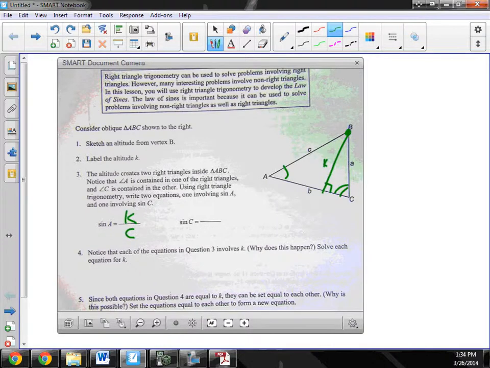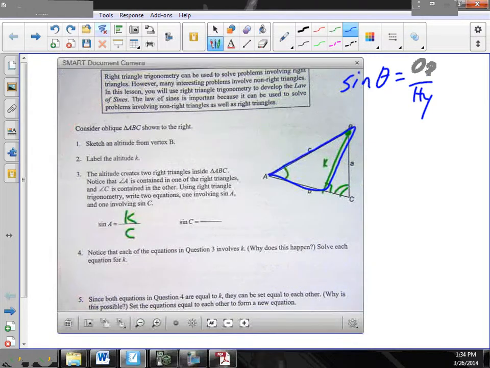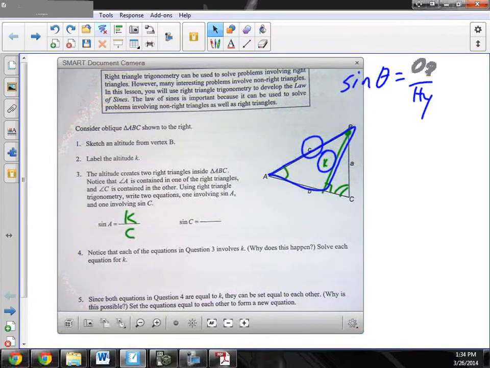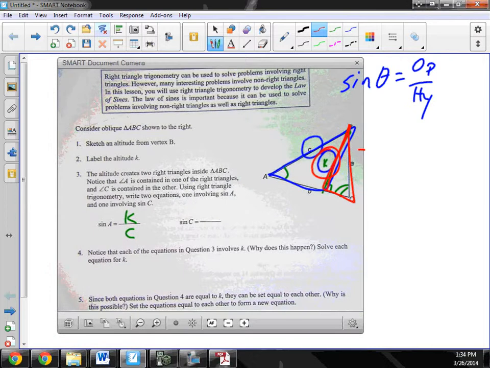So if you don't quite understand what we're doing, in this triangle here, sine of theta is opposite over hypotenuse. So K is the opposite and c is the hypotenuse. Now if I switch triangles, and I look at this triangle, and I'm still doing sine of C, K is the opposite and a is the hypotenuse. So K over a.